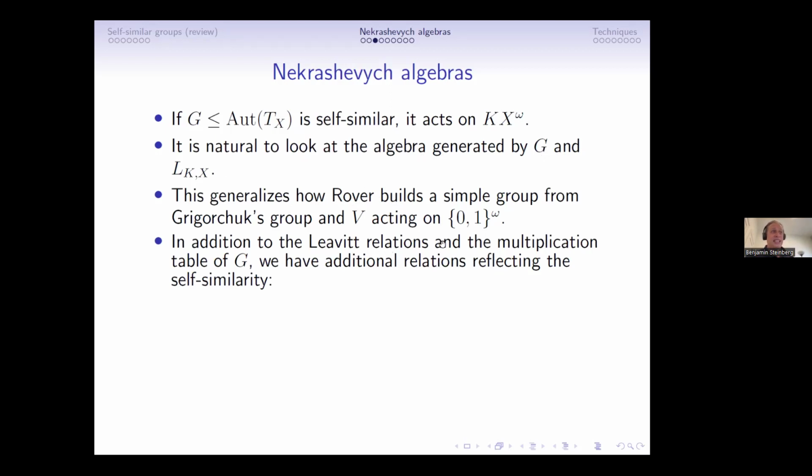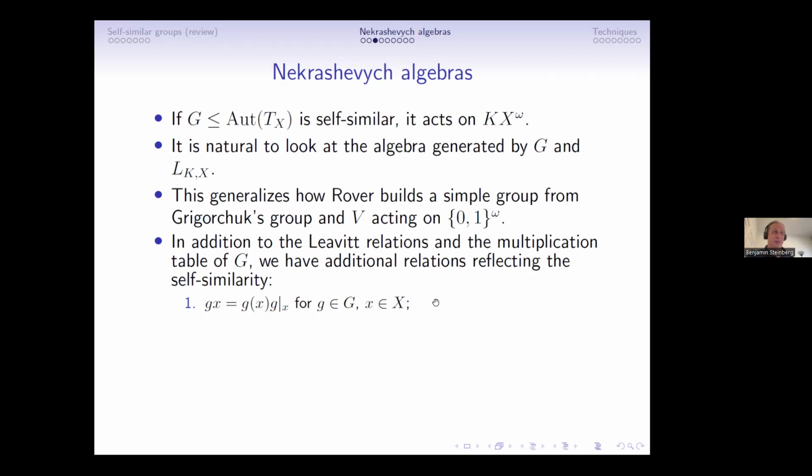So in addition to the Leavitt relations and the multiplication table of G, which are obviously satisfied by these operators, there are some other relations which reflect the self-similarity structure. Namely, if I first act by putting X at the beginning and then do G, that's the same thing as acting by the section of G at X and then putting on G of X. Just because that's how you act on a word, right?